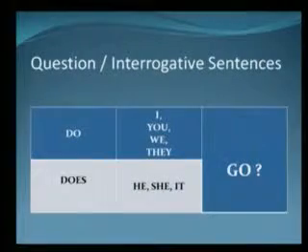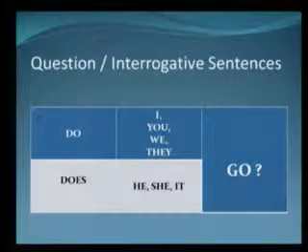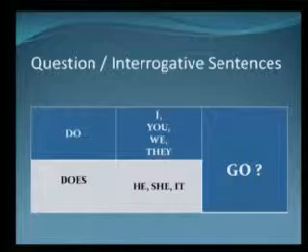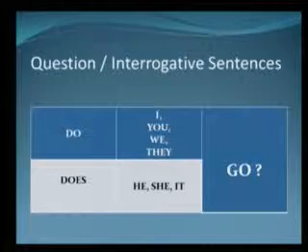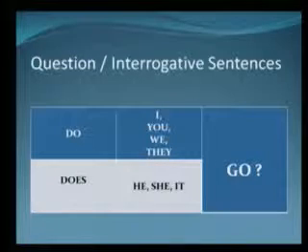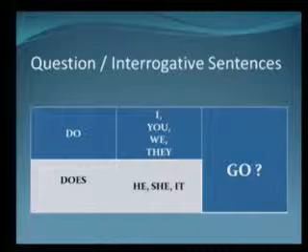Now we can go to the next table. Here is the question mark table, or interrogative sentences. We have already learnt about positive sentences, or affirmative sentences. Negative sentences also we have done. This table is about question or interrogative sentences. Do I, you, we, they go? Does he, she, it go?